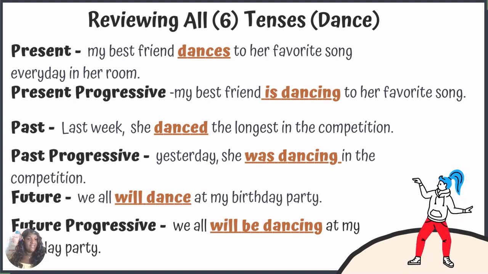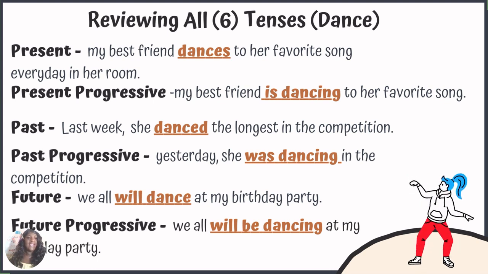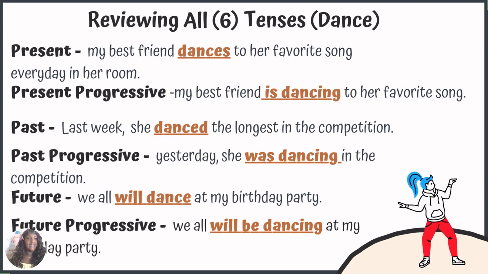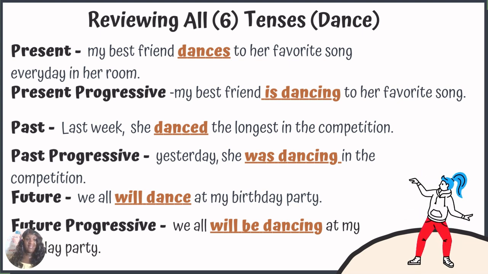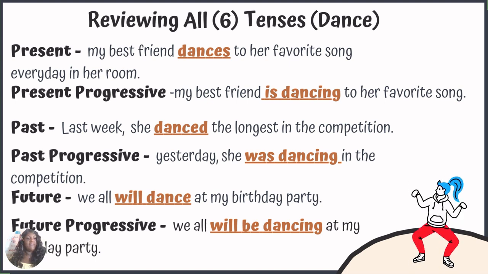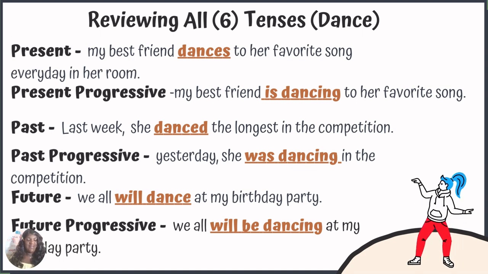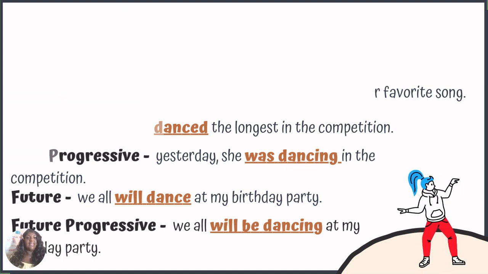Past progressive. Yesterday, she was dancing in the competition. Future tense. We all will dance at my birthday party. Future progressive. We all will be dancing at my birthday party.